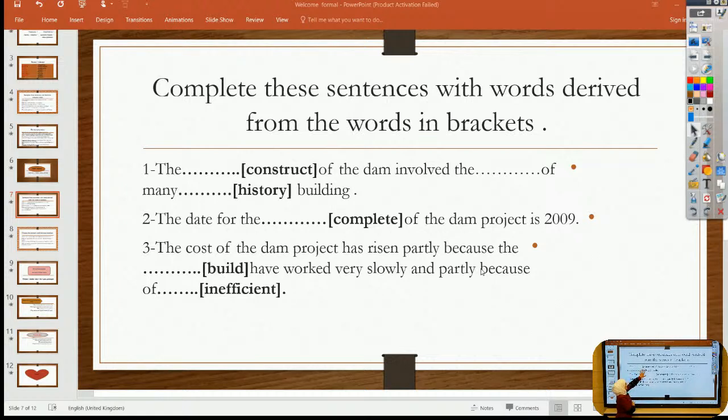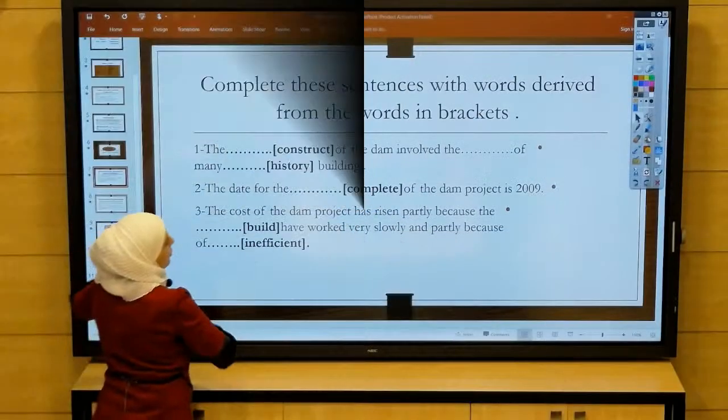Here, I have the word between brackets, and I want to write the correct word that is derived from it. Number one, the construct of the dam involved. Here we have the word construct, okay? There is no noun, okay, that needs an adjective, okay? So the construct of the dam, here we should write the noun, the construction.